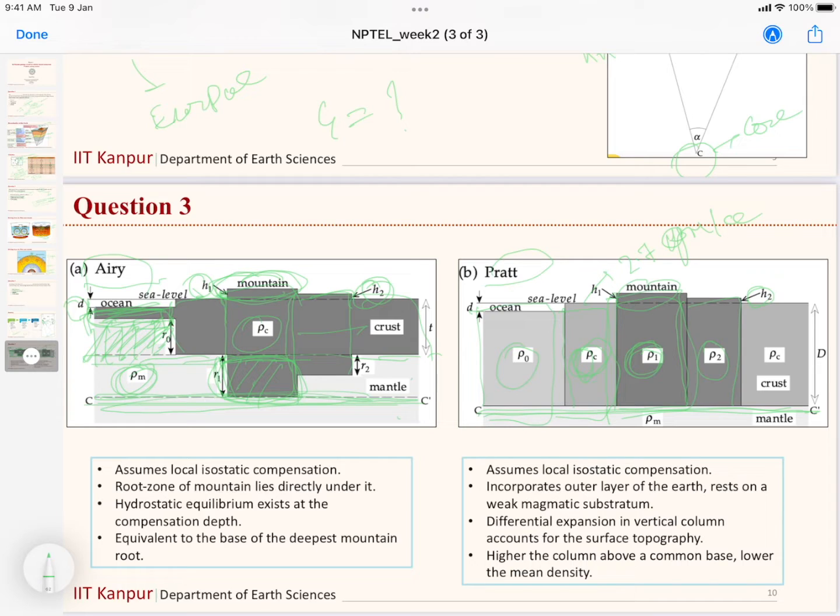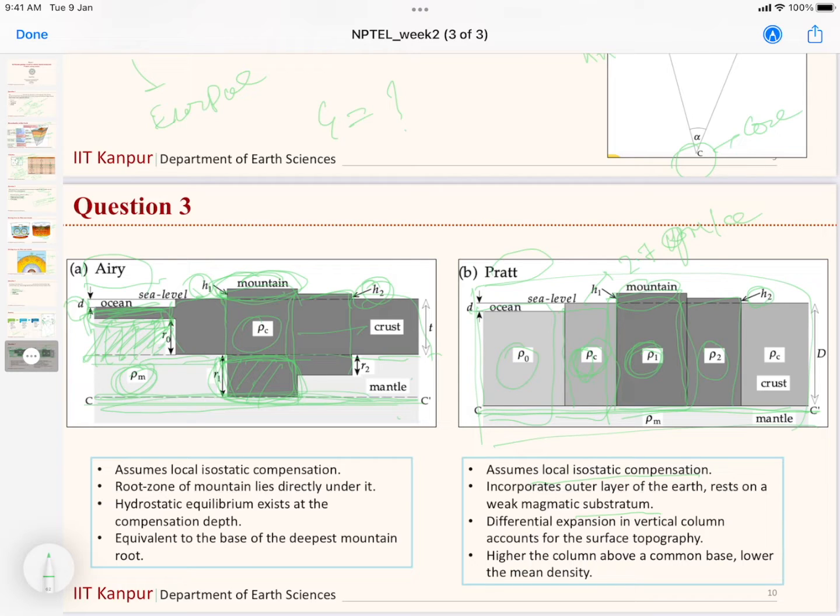So in summarizing this model, they assume that this is the local isostatic compensation, because here we are considering only the crust to mantle system, so that's why it's a local isostatic compensation. And it incorporates that the outer layer of the earth rests on the weak magmatic substratum. That we can also see from this figure. Now for the different elevations, there would be a different vertical column of density.